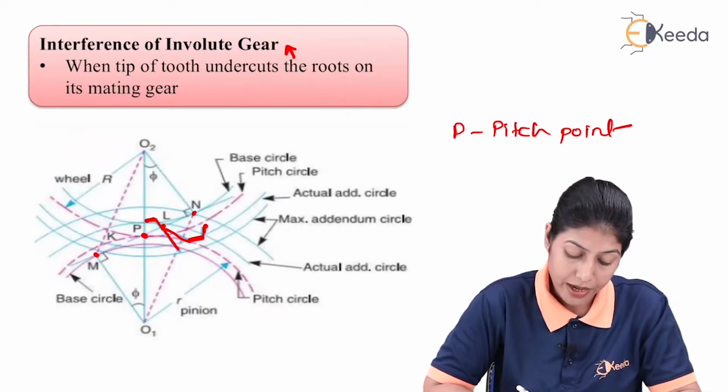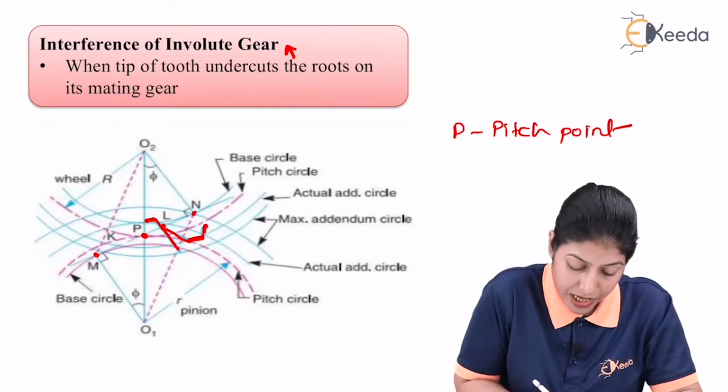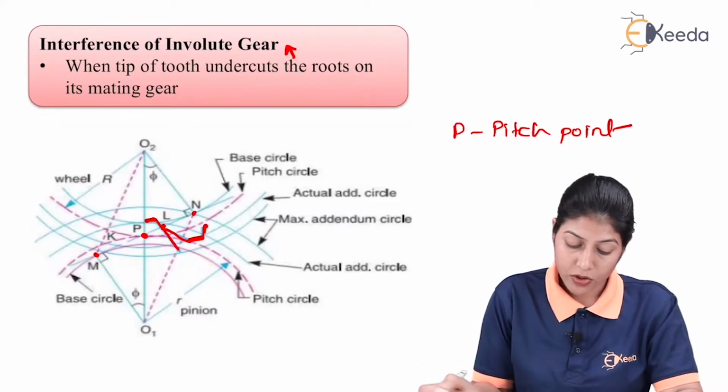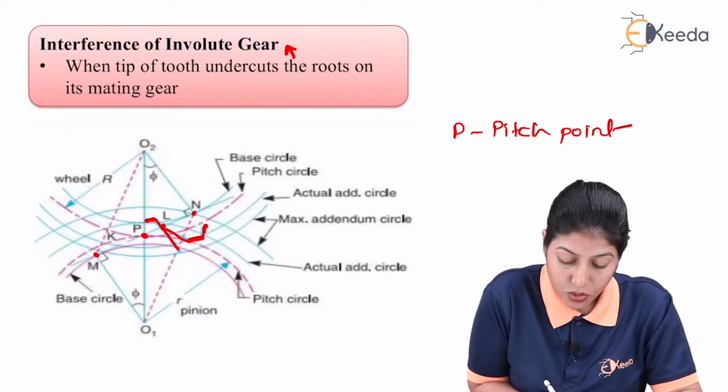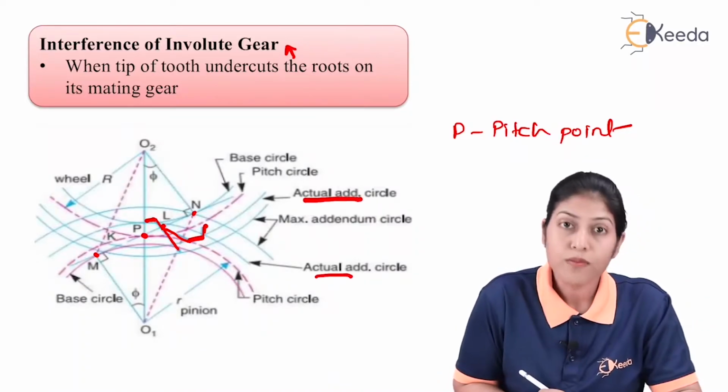So here we have two points M and N, and this tangent MN is perpendicular, or normal, to the curve at the contact point. Now we are considering two addendum circles. Here you can see the actual addendum circle for both the gears.